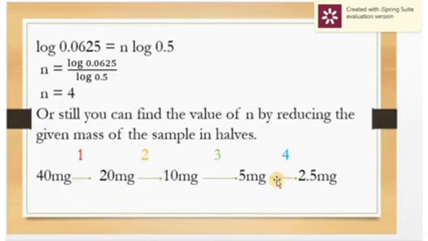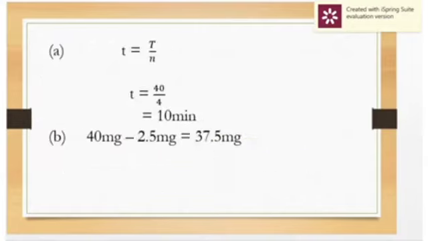So it depends on which method. If you are using this method, please, you need to indicate clearly that this is what you are doing, just like the way I have expressed it here. All right? So after that, we have found the number of half-lives. Now we can use a very simple formula to find the half-life. So half-life of a sample is equal to total time elapsed over number of half-lives.